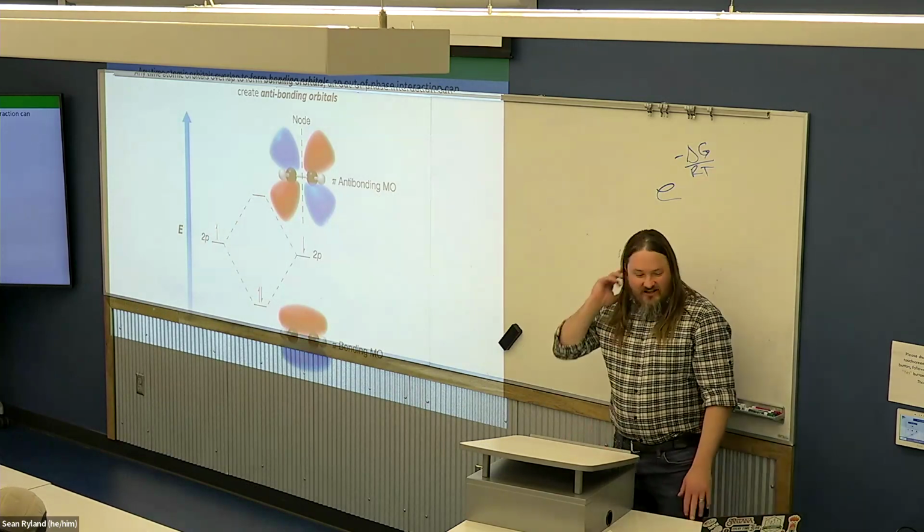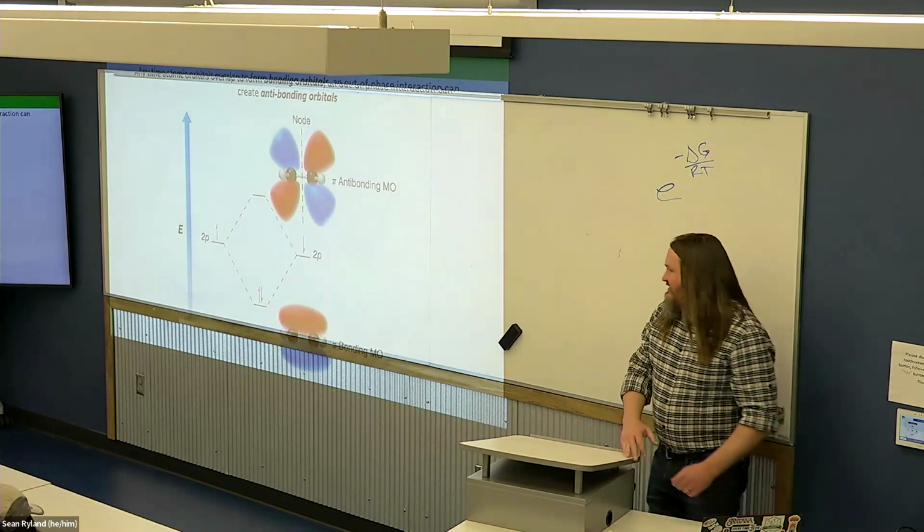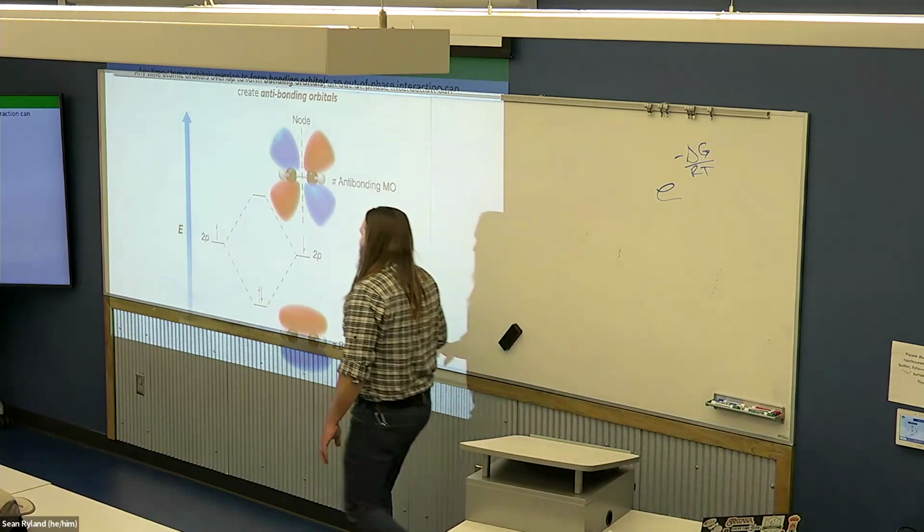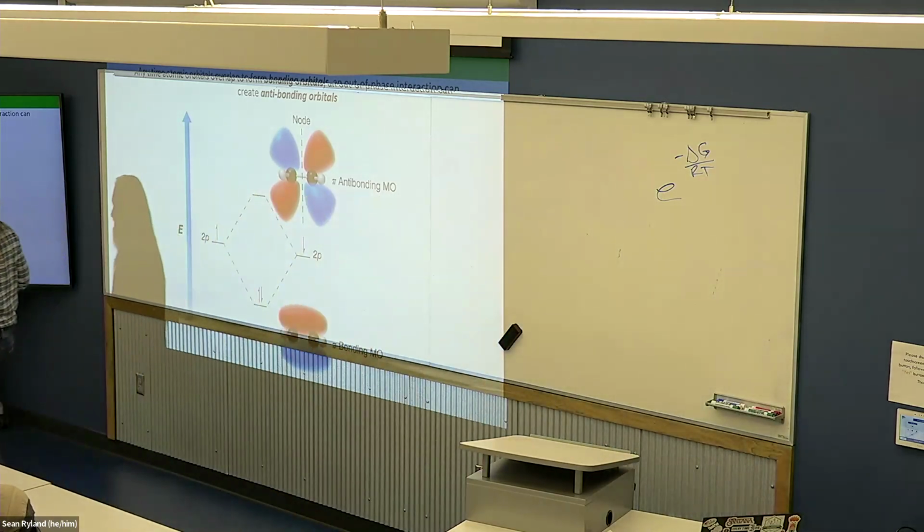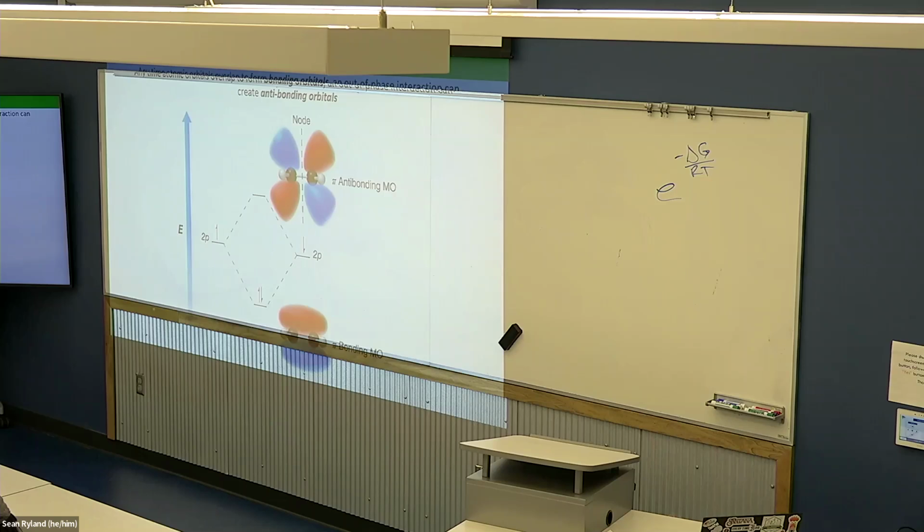All right, let's talk a little bit about some molecular orbital review. It's something that you probably saw, we talked about this a little bit in OChem 1, back before midterm, when we were first talking about orbitals in general.